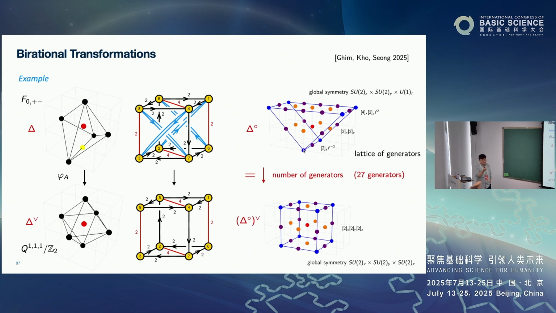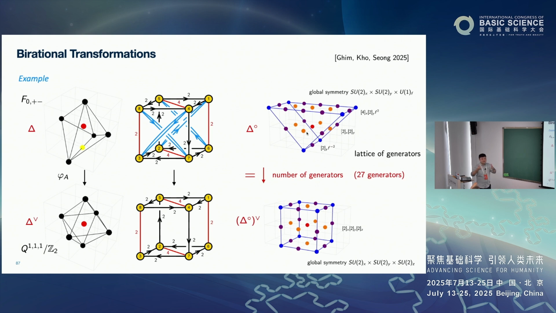Last but not least, because of that identification of Hilbert series refined only under U(1)_R symmetry, there's a resulting correspondence that in fact I have 4 polytopes: the original toric diagram, the birationally equivalent toric diagram, delta V, and then, because they are reflexive polytopes, the polar dual reflexive polytope delta circle, which is also known as the lattice of generators of the corresponding toric variety.